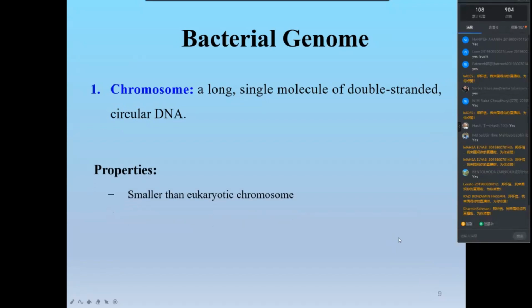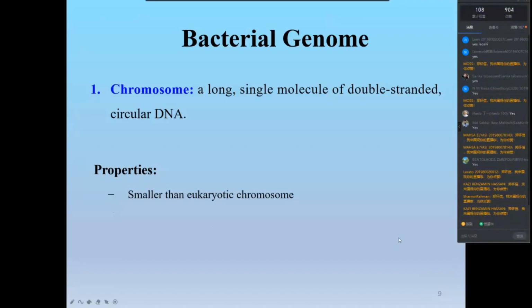Here are some properties of a bacterial genome. First, it's smaller than eukaryotic chromosomes. When we say big or small, it's a relative definition.